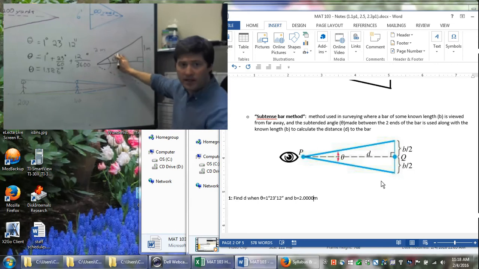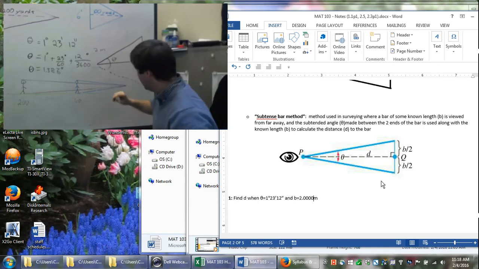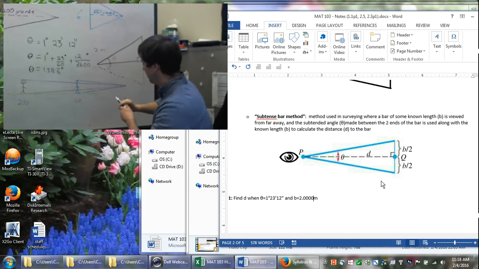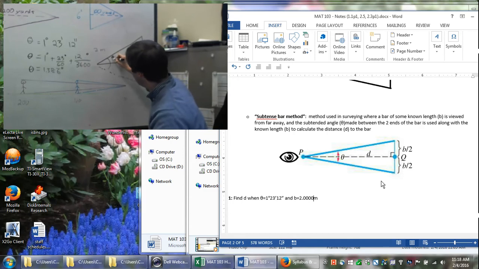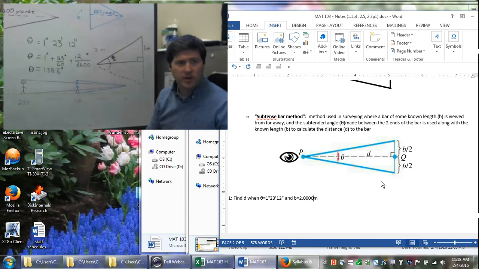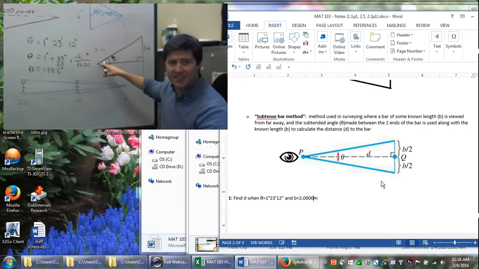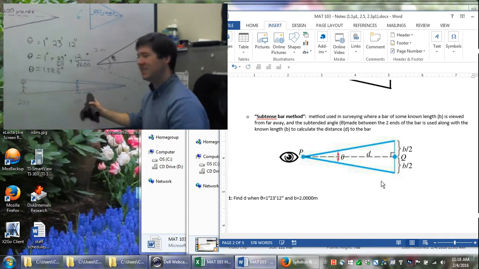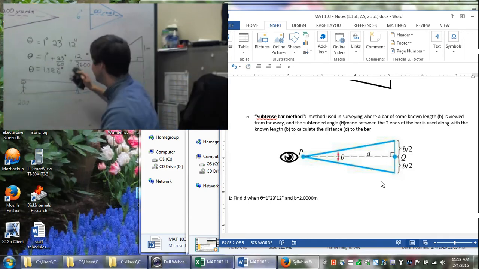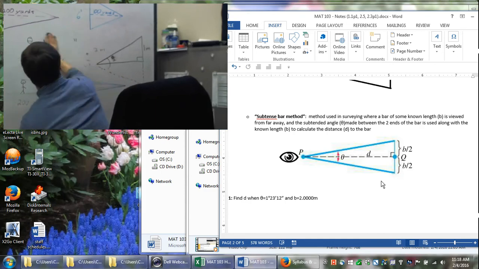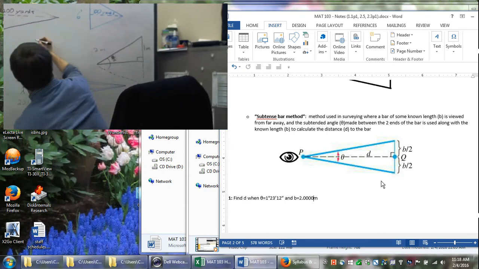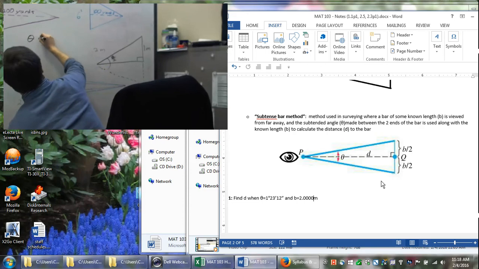So plus open parentheses 12 divided by 3,600. So make sure you're using your parentheses. That's why they're there. Close those parentheses. And that does all of the work for us. Okay. So we've got our angle is 1.386666, etc.